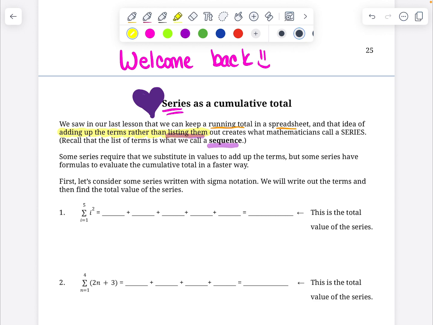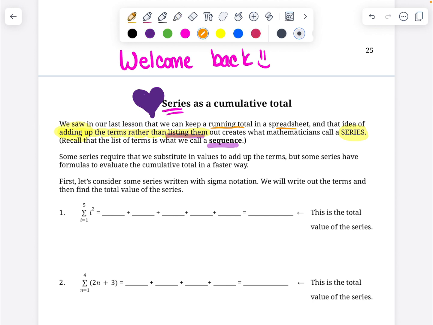When you add them all up, that creates what we call a series. So when you add up a specific set of terms, we call that a series. That term is basically to help indicate that I didn't just write out a list, I actually took all the numbers and added them up.